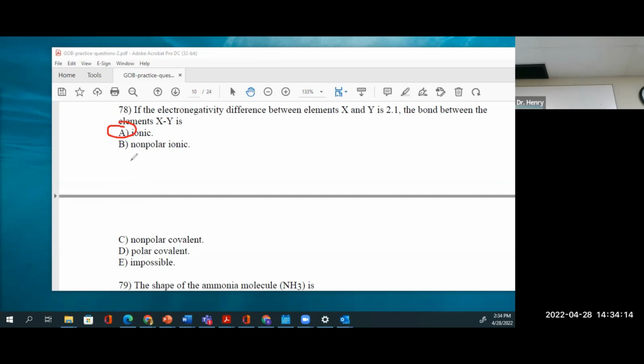So we got rid of that one. You know that impossible is BS. And the other ones: this one would be less than 0.5, and this one would be between 0.5 and 1.8.